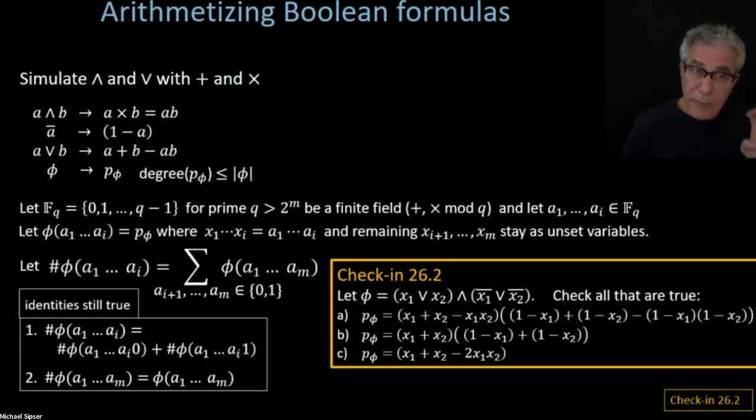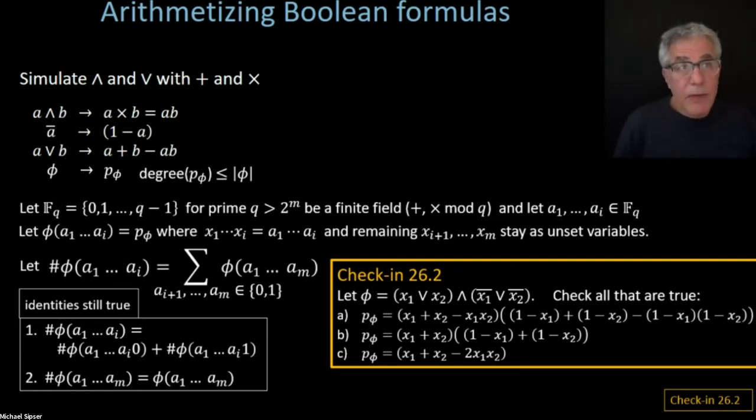This is a little bit of a trick question, as I'll explain. There's only one of them that faithfully does the arithmetization as I've described on this page, and that's the one you should check. Remember, this is the recipe for how I'm doing the arithmetization. This whole process here. One of these lines, A, B, or C, corresponds to doing that.